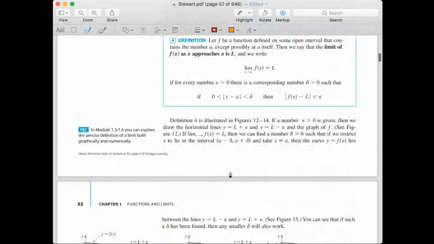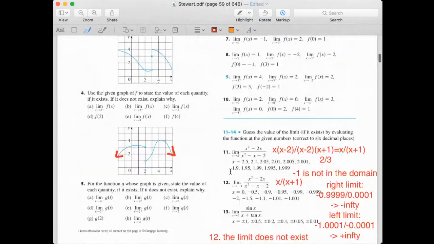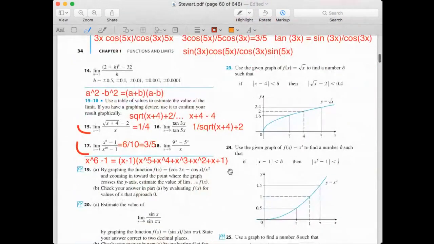In this case, the angle is 3x and 5x. For the numerator, we have tangent 3x, so the angle is 3x. For the denominator, we have tangent 5x, so the angle is 5x. We can use this identity because x approaches 0.